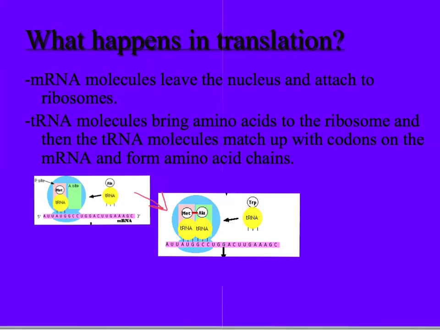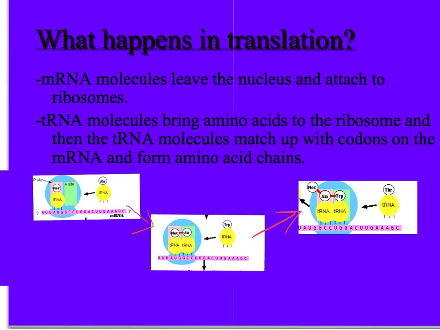This keeps happening to the whole mRNA strand. So for instance, we still have the same mRNA right here, still attached on to the ribosome, but now the tRNA is looking at the next part of the sequence, so GCC codon. It says, oh, GCC codes for alanine.